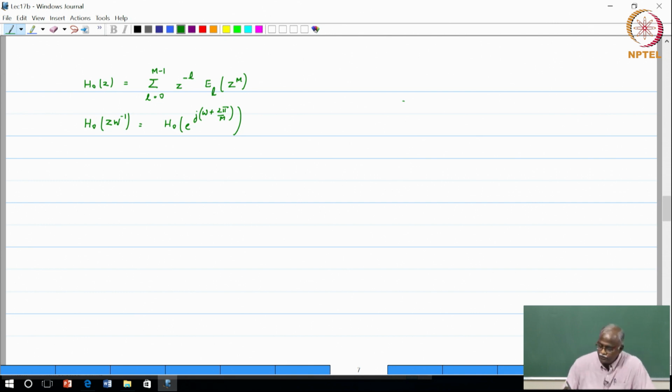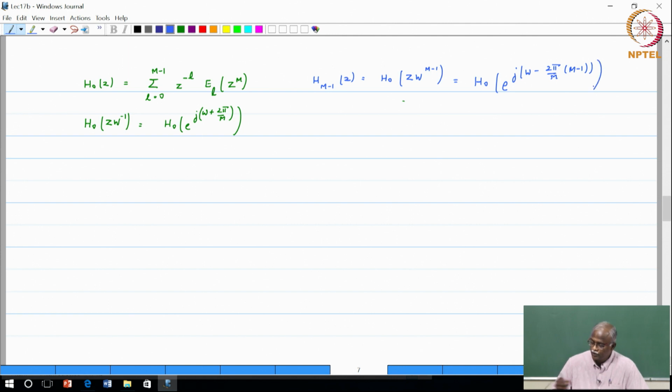Now, also look at what you get for H of M minus 1 as per the original definition. This would be H naught of ZW power M minus 1, that would be H naught of e power j omega minus 2 pi over M into M minus 1.